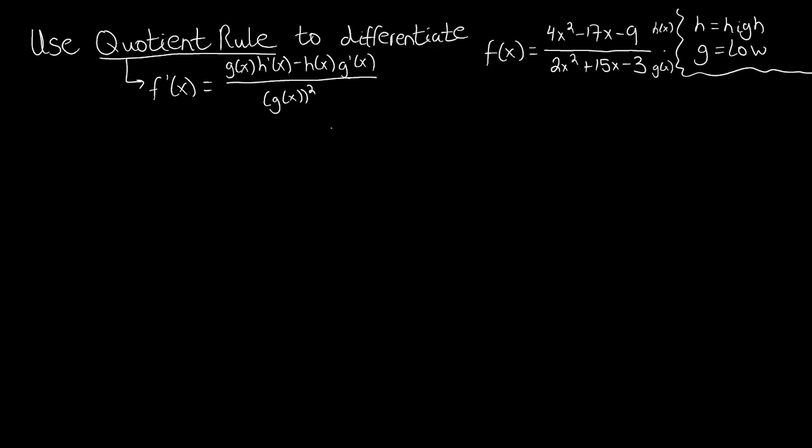So you can use that rhyme if you want to. You don't have to. It's not going to appear anywhere on a test or anything like that, for sure. But it's just a fun rhyme that you can use to jog your memory of what the quotient rule will look like from time to time. So as long as you get straight what your high and your low is represented by, you can use that rhyme: low d high minus high d low, all over the square of what's below.